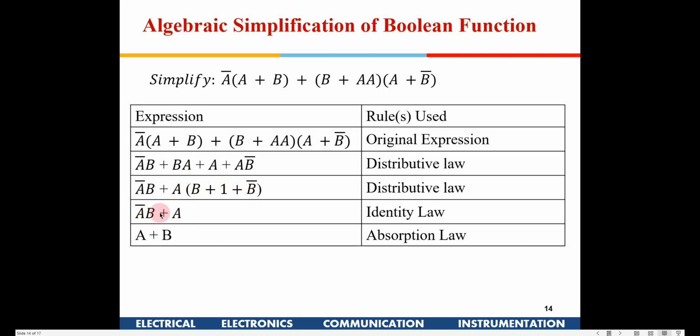Then again, we learned this property also. Did we learn this property? No, I think I forgot to mention that explicitly. This is another property which you can remember, x plus x bar y.